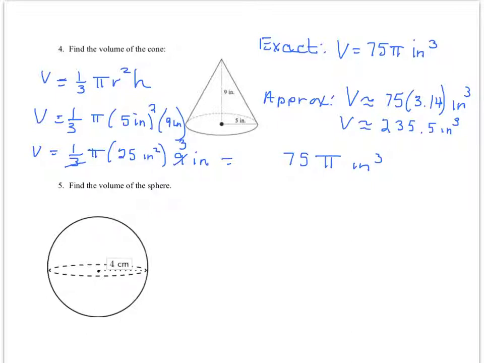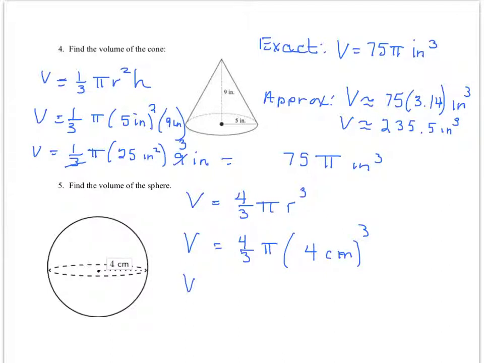Last but not least, let's find the volume of a sphere. The formula for volume of a sphere is 4/3 pi r cubed. Okay, so r is the radius, and let's just get the exact for this. So volume is equal to 4/3 pi. Now the radius is 4 centimeters, and we need to cube that.